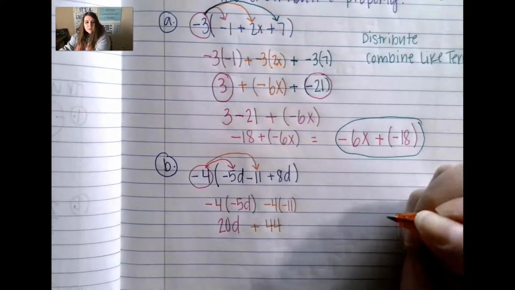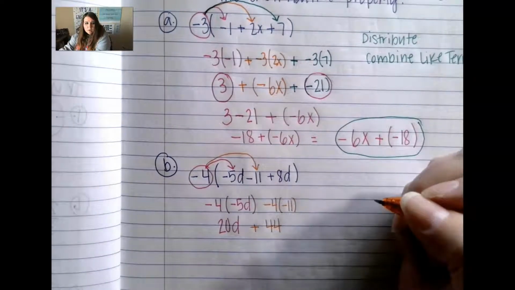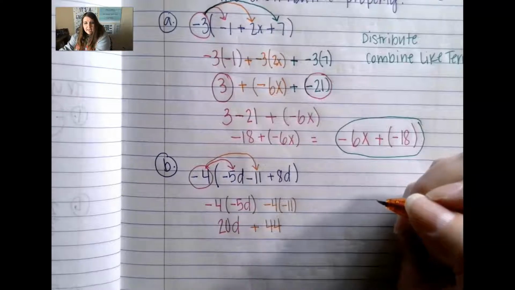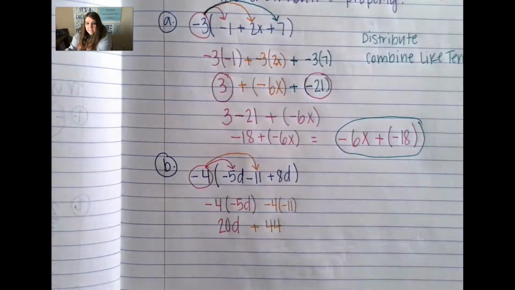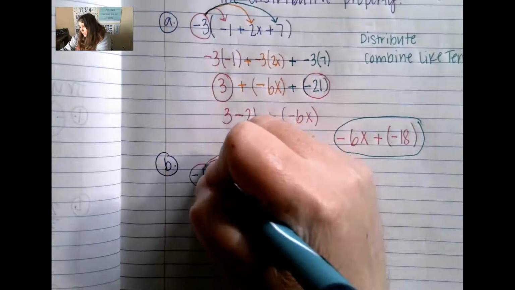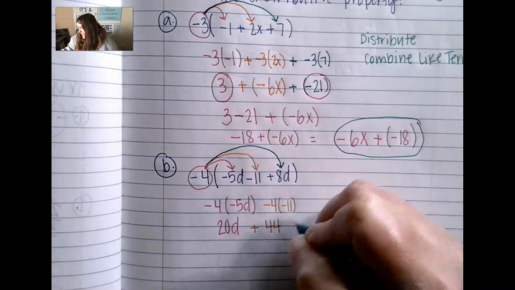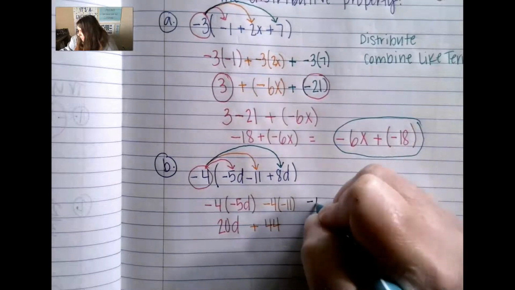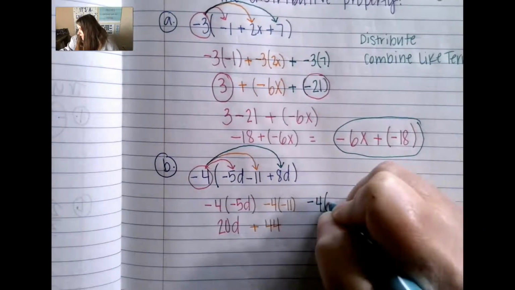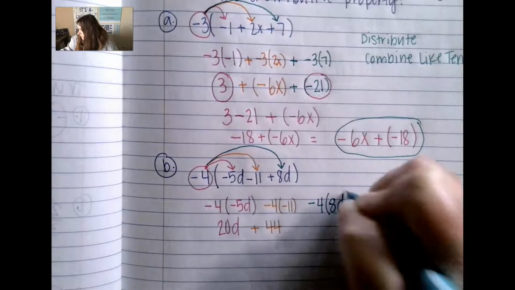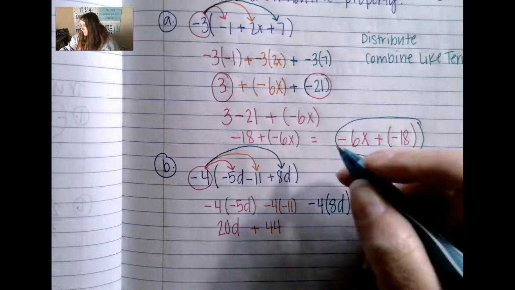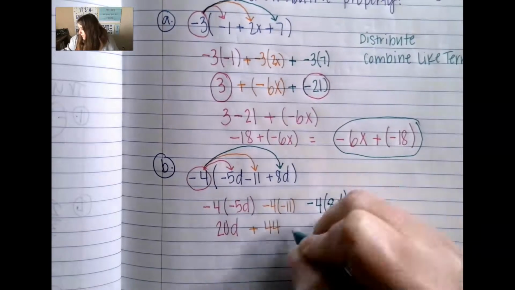Okay, so we get positive 44. And then last but not least, our last one to share with, we have negative 4, and we're going to multiply that by 8d. All right, negative 4 times 8 is 32, but it's a negative, so we have negative 32d.